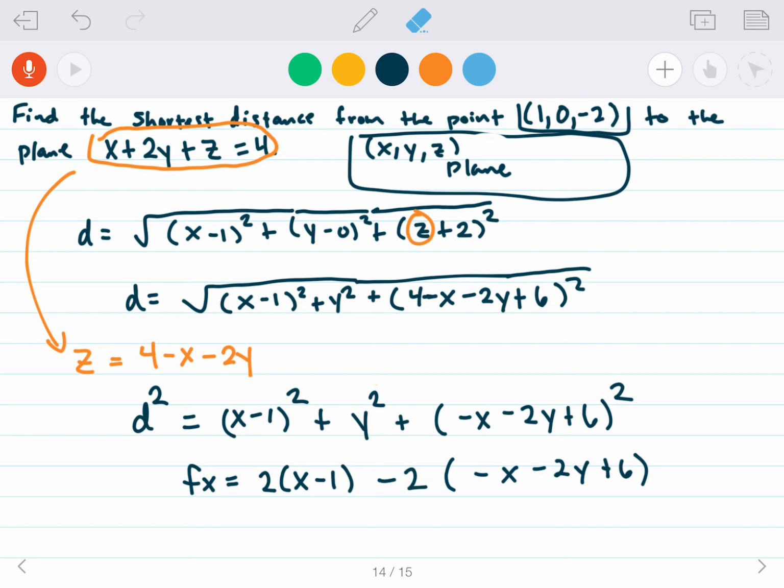If I simplify this, I get the partial with respect to x is 4x + 4y - 14. So that's that.